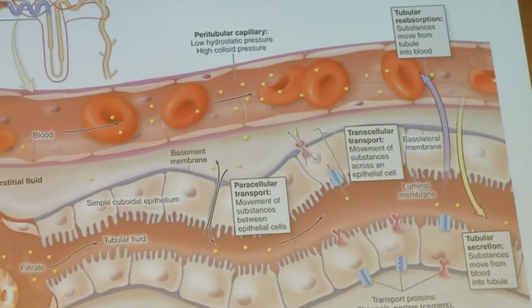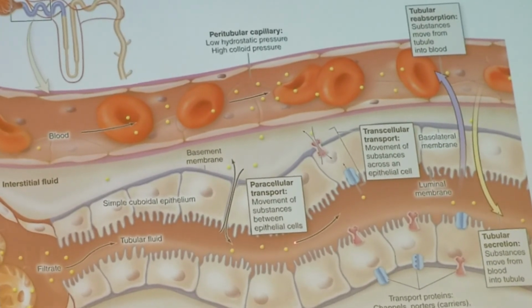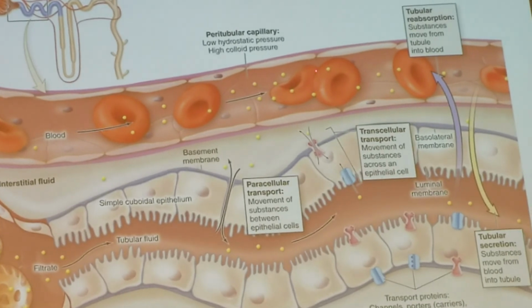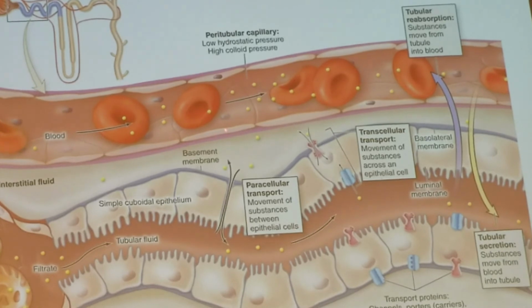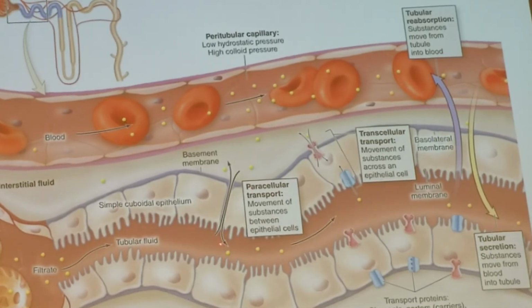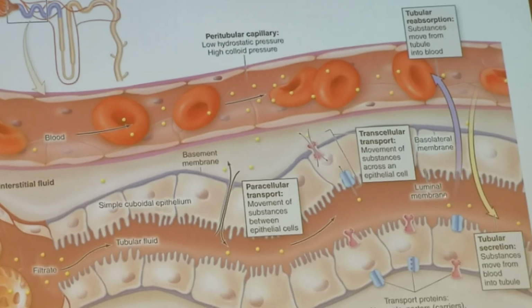So I can take the solutes that are in my filtrate, that 180 liters a day, and get them from the filtrate into the blood by one of two possible routes. If I go between the two columnar cells, that's what's known as paracellular transport, right? Movement of substances between epithelial cells. Or I could go right across the membrane, known as transcellular transport. Movement of substances across the membrane.